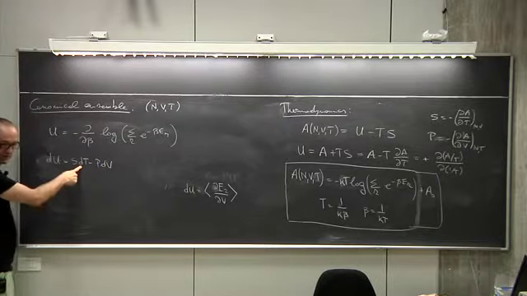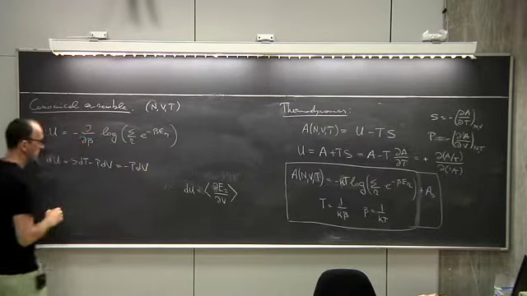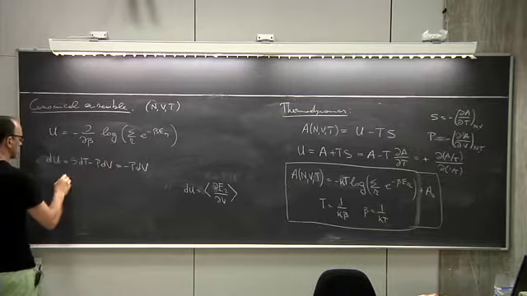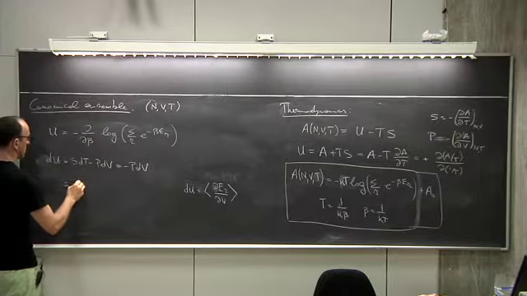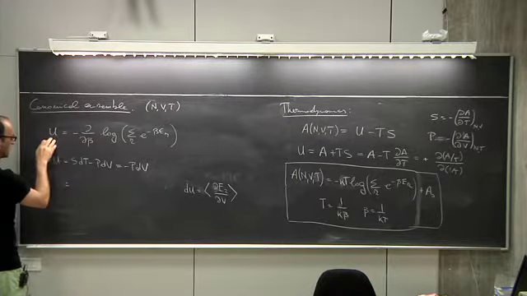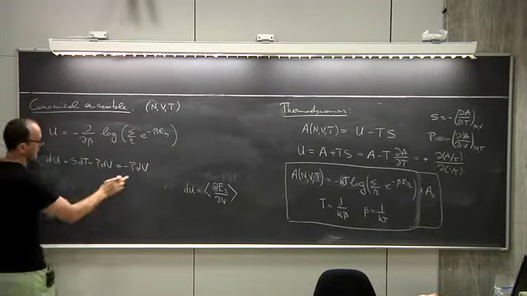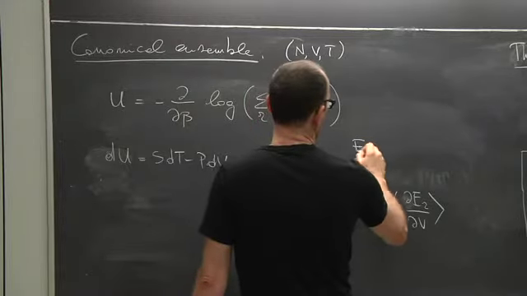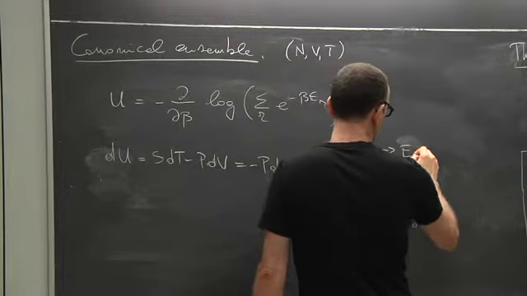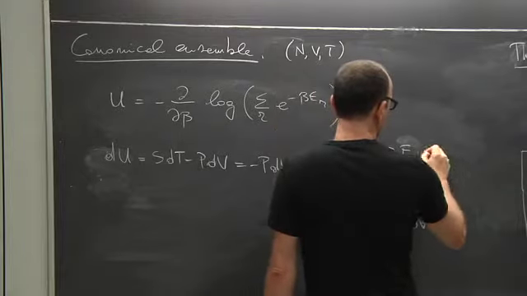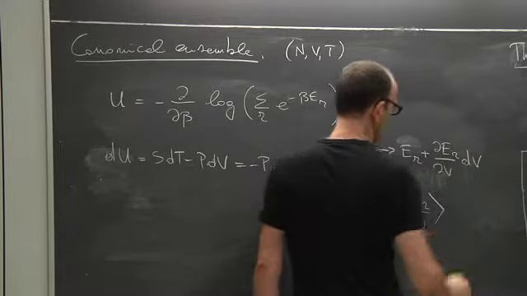Okay, but dT is constant, so this must be minus P dV. And from this equation here, you see that when you make a change in the volume, your energy levels will change into the initial energy levels plus dE_R/dV times dV, right?